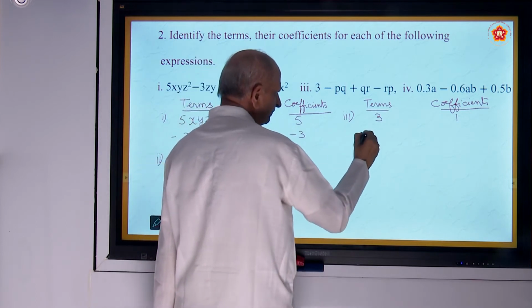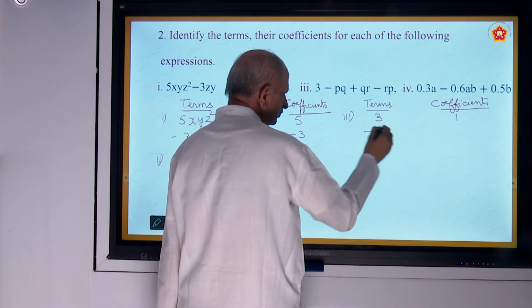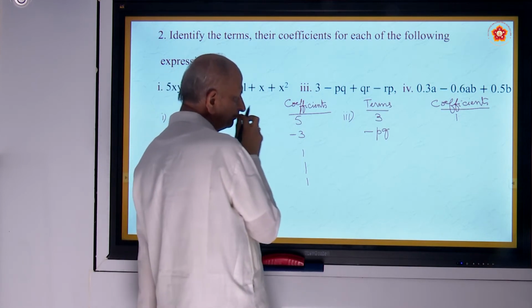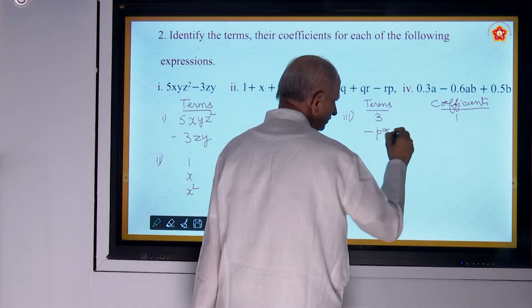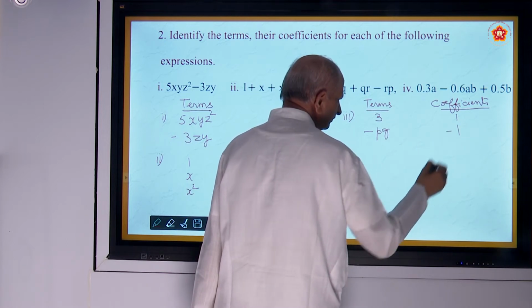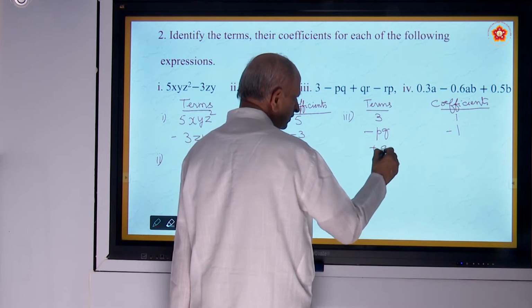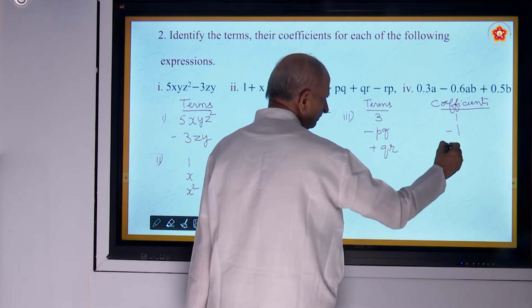Then you have minus PQ. Minus PQ means what? Coefficient is minus 1. Then plus QR, coefficient is plus 1.